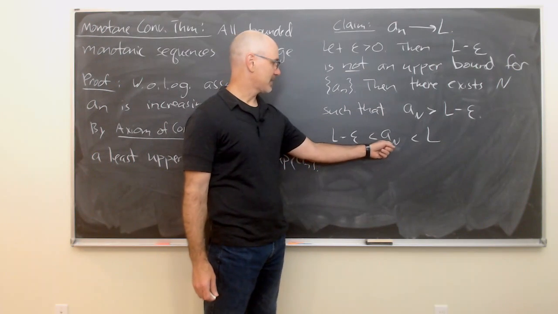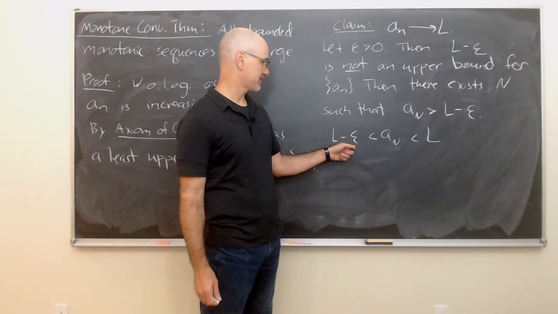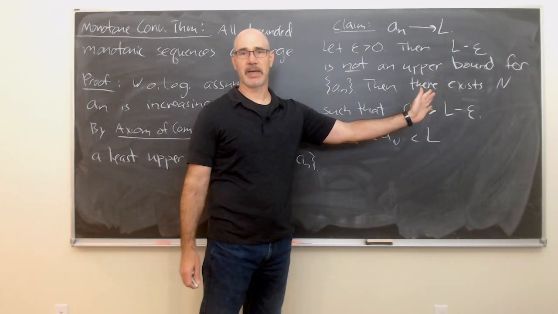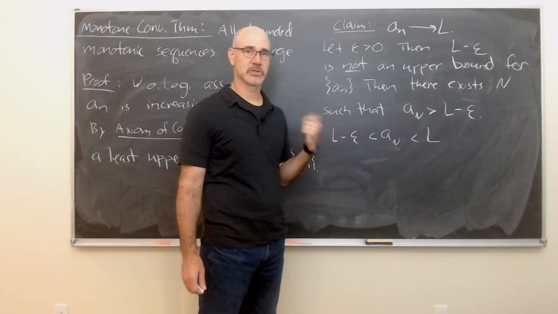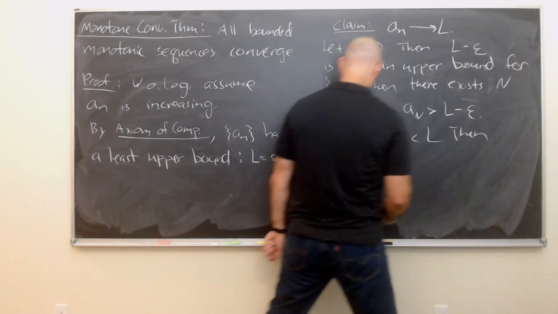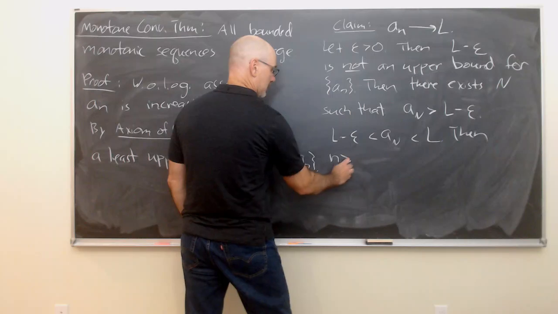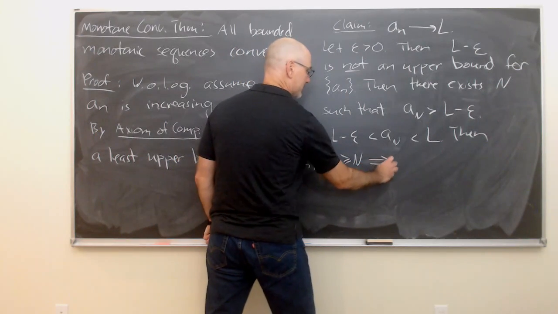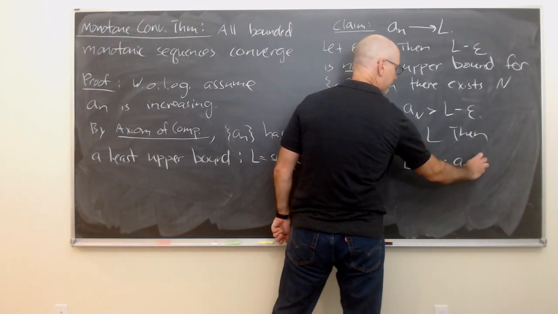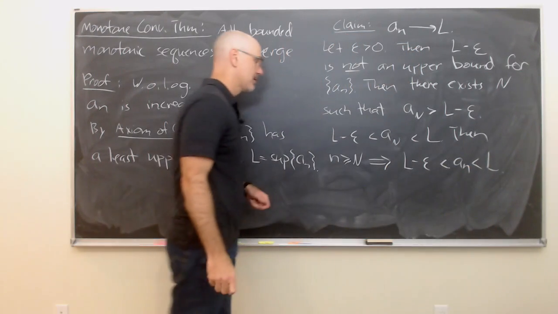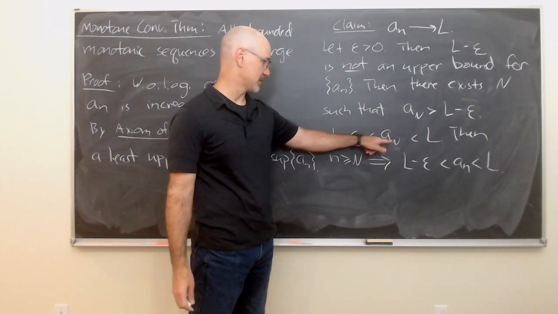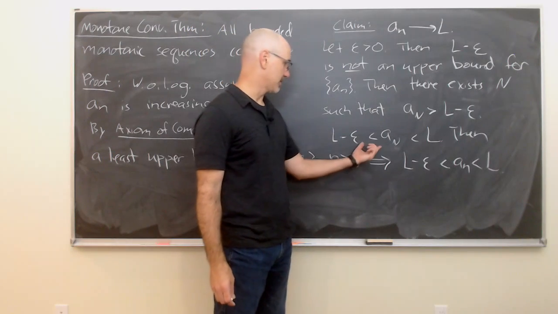Once we have an a sub N bigger than L minus epsilon, because a sub n is an increasing sequence, everything else past it is larger than that a sub N and smaller than L. So then n bigger than capital N implies every member of the sequence past capital N, past the term that we know is there, all the rest of them have to be in there as well.